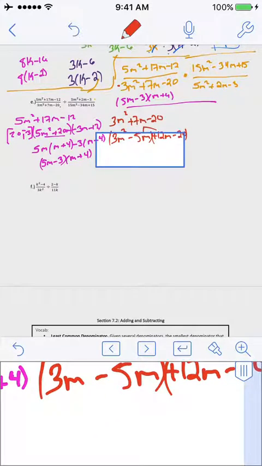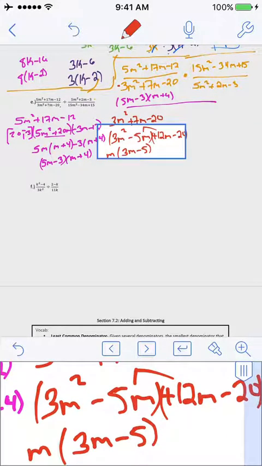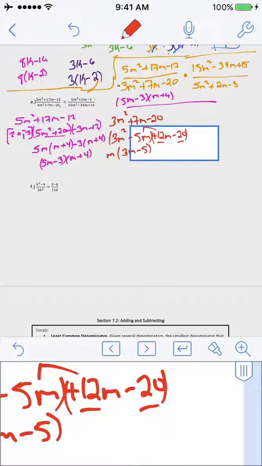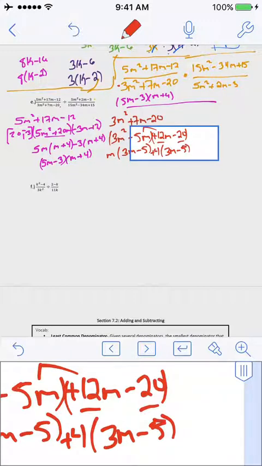Those guys just have an m in common. 3m minus 5 is left over, because that's a squared. Here, 12 and 20 both have a 4 in common. So plus positive 4, and I get 3m minus 5 left over.